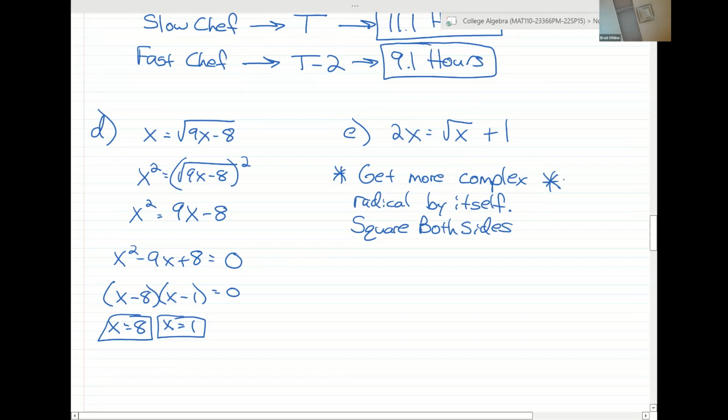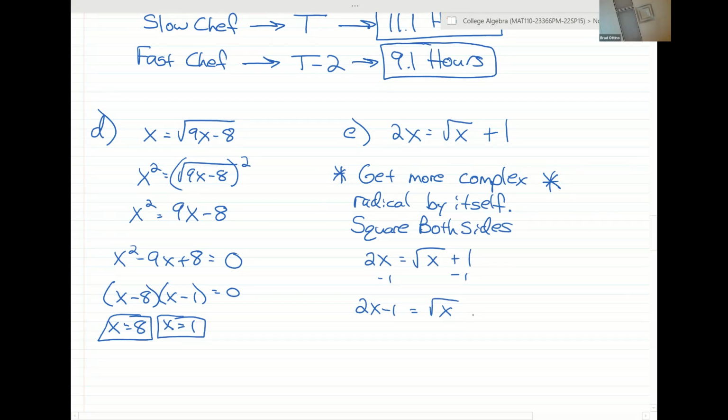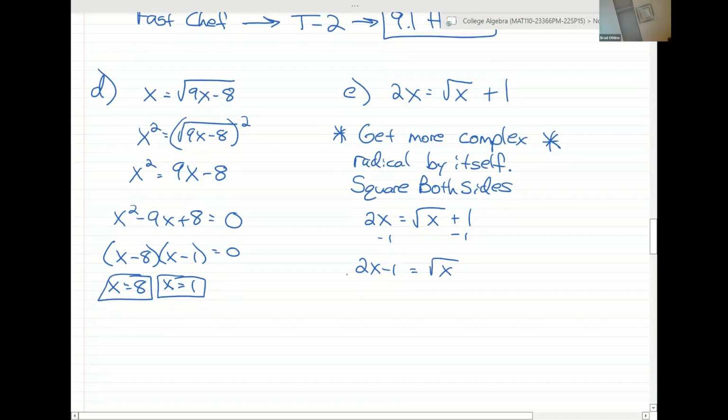So for this particular problem, let's get that radical by itself and then square both sides. What I'm going to do is subtract the 1. Square both sides.